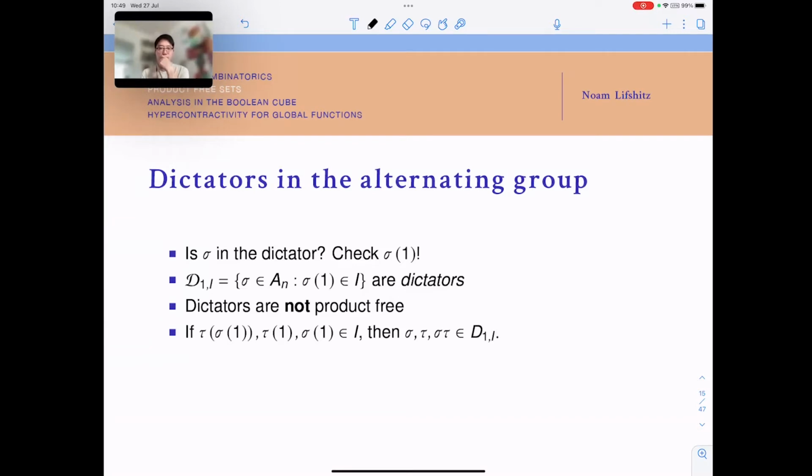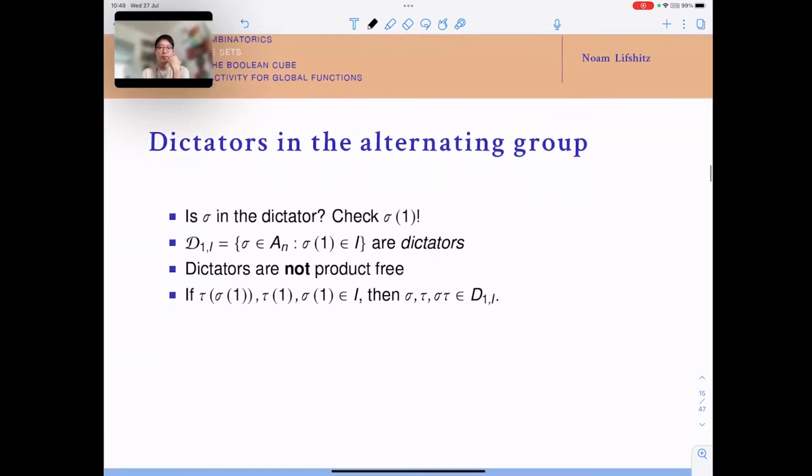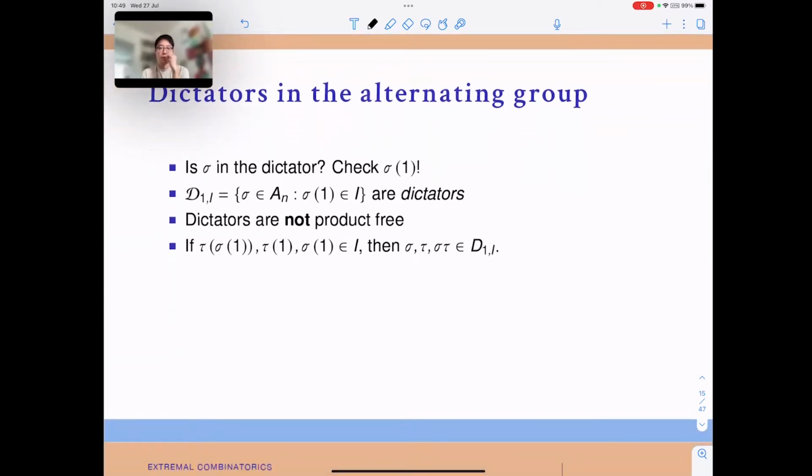So if I have a set of permutations, for it to be a dictator, it means that in order to decide whether a permutation belongs to the dictator, we only need to check the value of the permutation on a single coordinate. So these give us this example of dictators: the set of all permutations that send a single element to a single element. And these are the dictators in the alternating group.